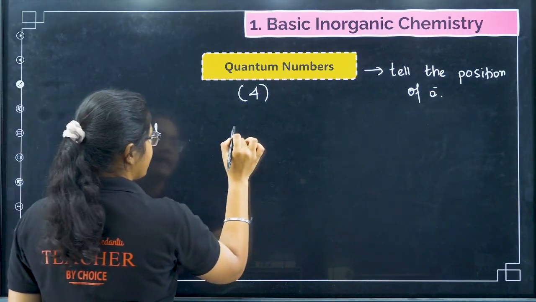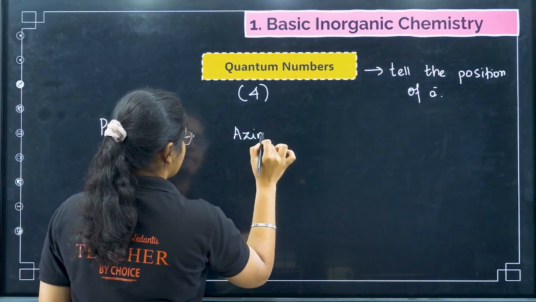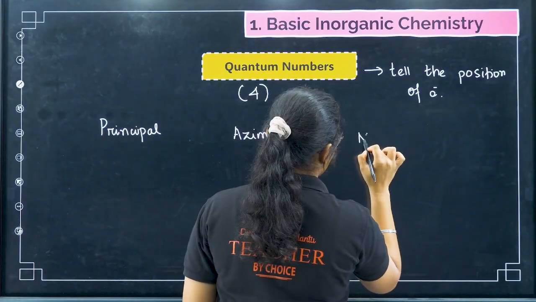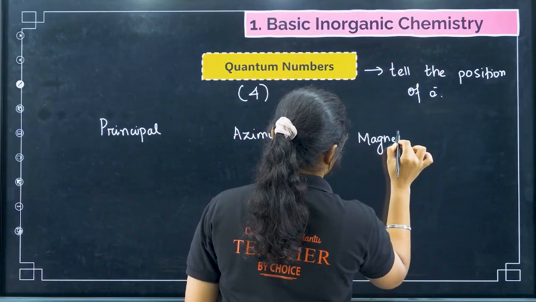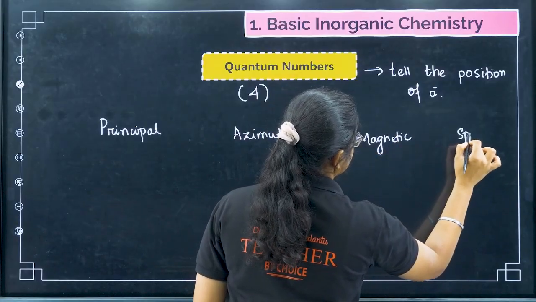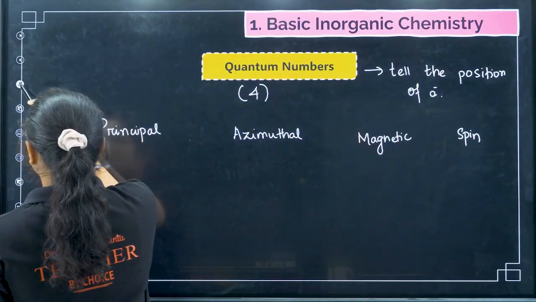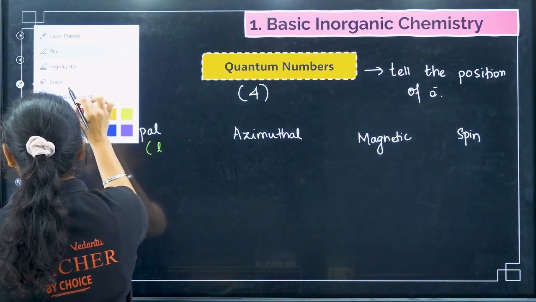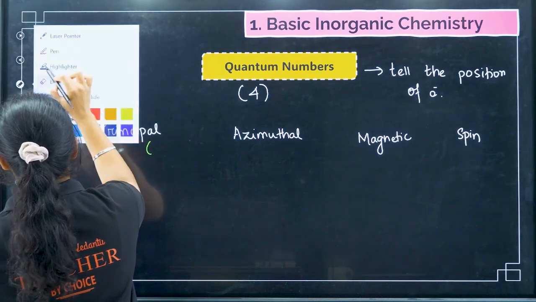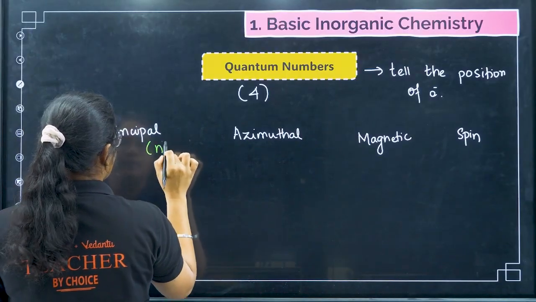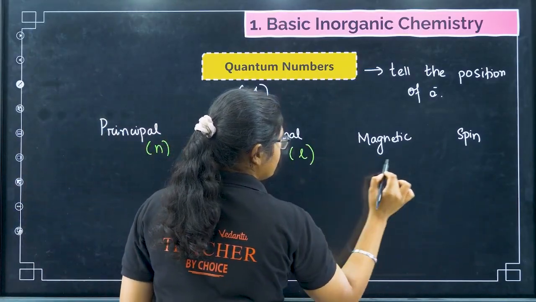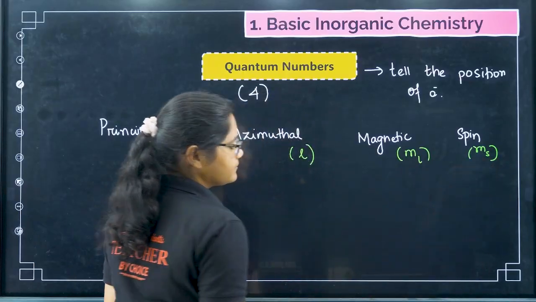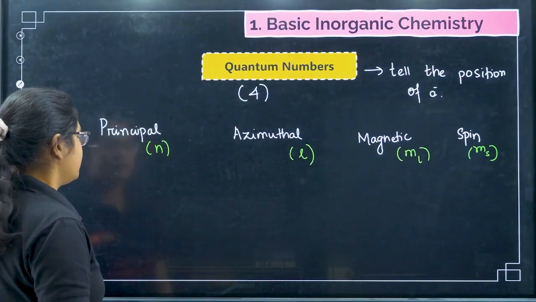Next we have azimuthal, next we have magnetic, and then we have spin. Now how can we designate them? Principal quantum number I can write as n. Azimuthal quantum number l, magnetic quantum number ml, spin quantum number ms. These four quantum numbers are there.